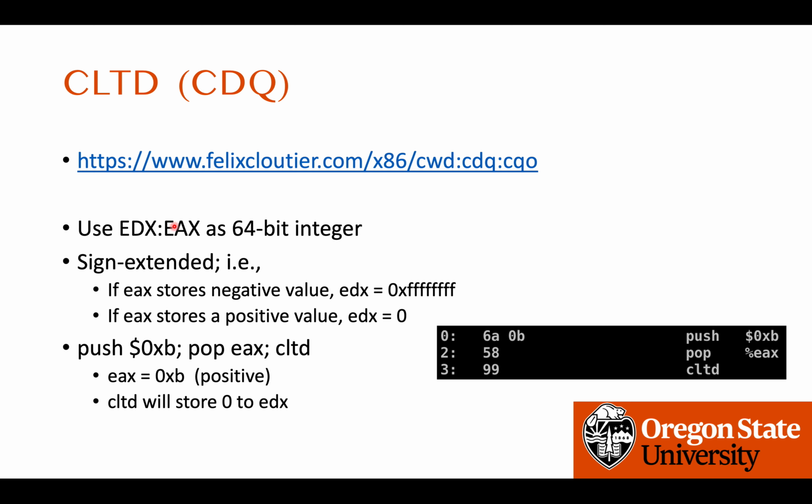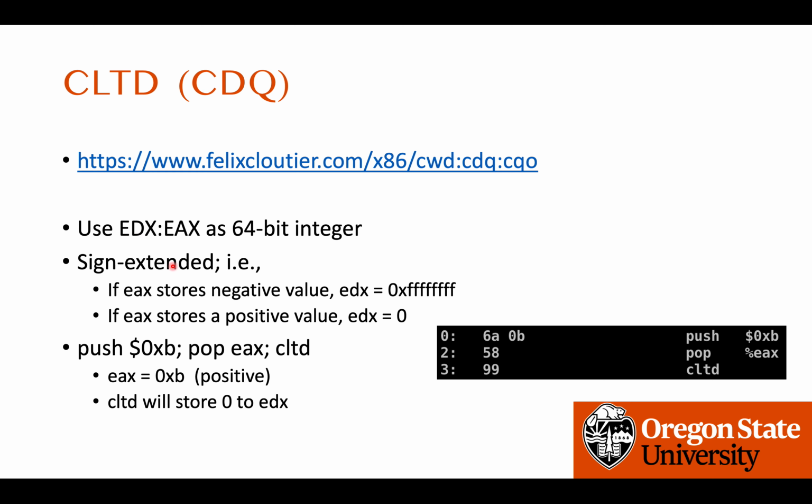But it will extend the value in EAX to 64 bits, and in doing that, it will do sign extension. That means if EAX stores a negative value, it will set the entire value as negative. And if EAX stores a non-negative value, then it will regard the entire value as non-negative.